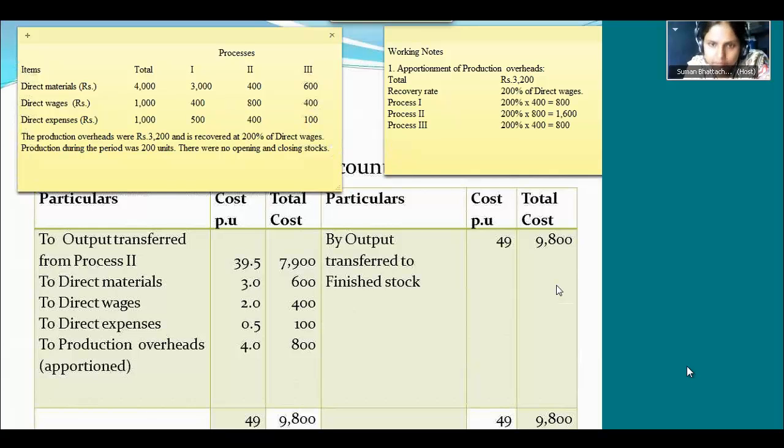So this will be the finished stock. Because this is the last process, the output of the last process will be treated as finished stock. So output transferred to finished stock.